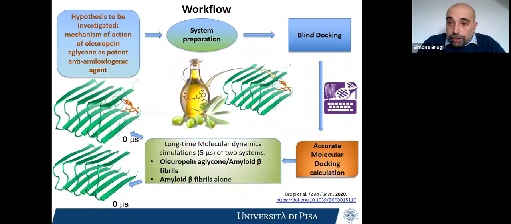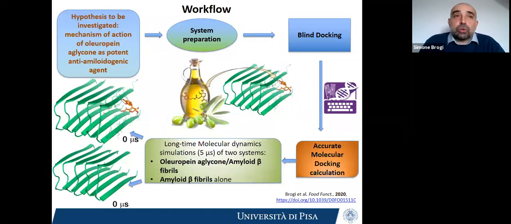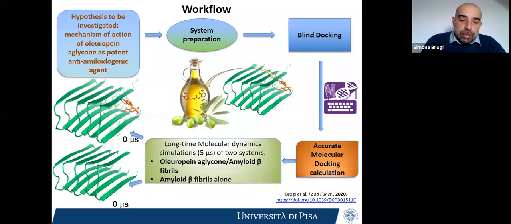This kind of calculation allowed us to identify a high affinity binding site on the surface of the amyloid beta fibrils. This region was considered as a possible binding site and was explored by a more accurate molecular docking calculation in order to reproduce a three-dimensional interaction model of oleuropein aglycone within the amyloid beta fibrils.